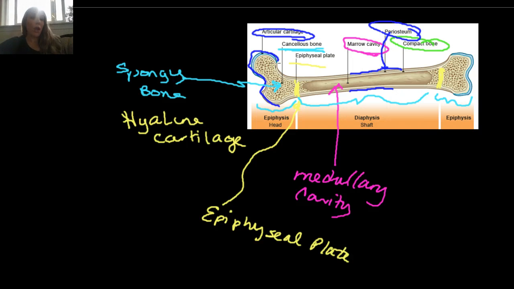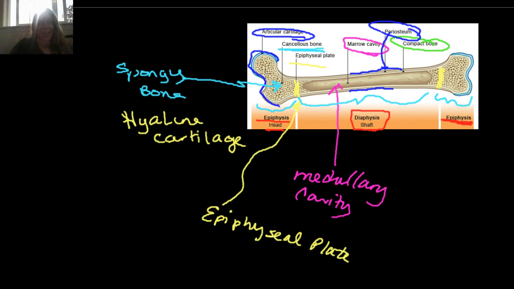Remember, epi means upon. So this is the epiphysis head. The other end is just the epiphysis. And the shaft, the middle of it, is called the diaphysis. All right, so that's the general structural gross anatomy of a long bone cut in half.